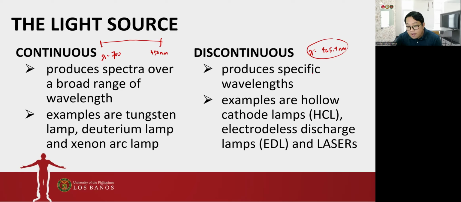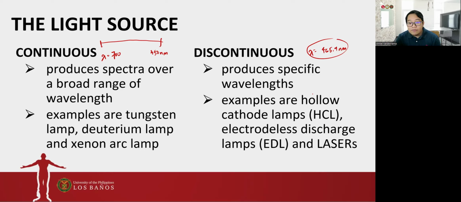Examples of discontinuous light sources are the hollow cathode lamps or HCL, electrodeless discharge lamps or EDL, and lasers. These discontinuous sources are used in other types of spectrophotometers.